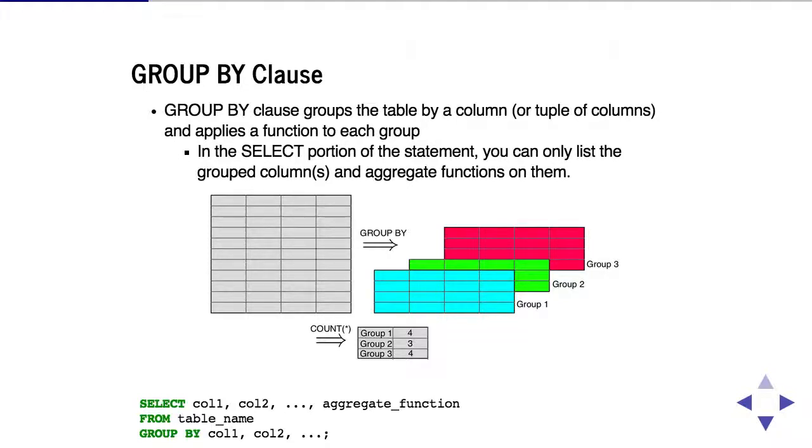You can only select the columns that are already in the GROUP BY clause. Otherwise, it doesn't really understand what's going on. So if you want a column from a table in the select clause, you have to use it in the GROUP BY clause as well. That's mostly because it doesn't make sense if they're not in the same group.